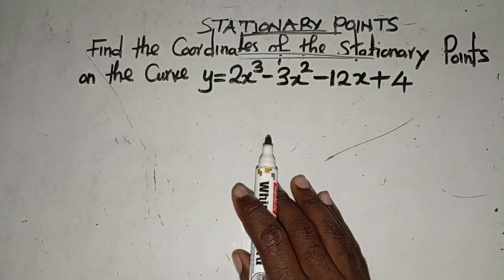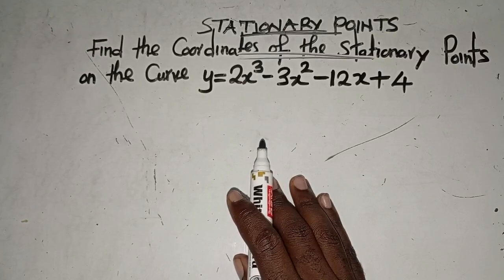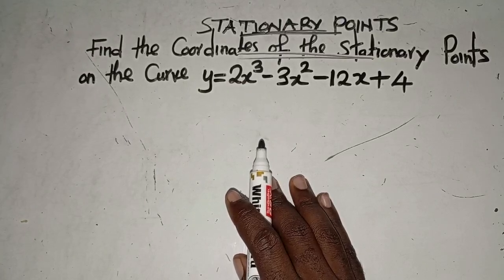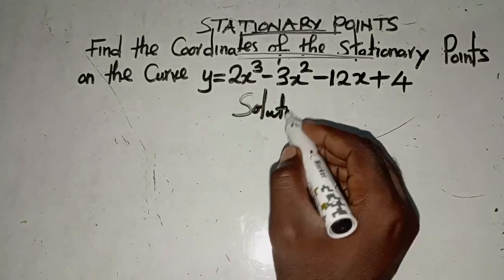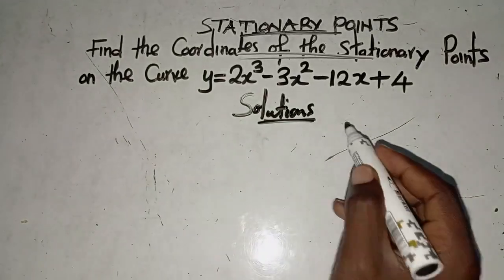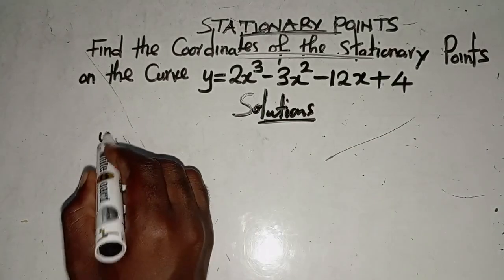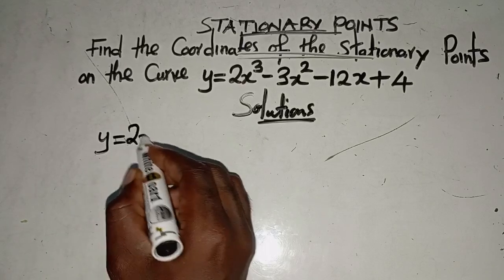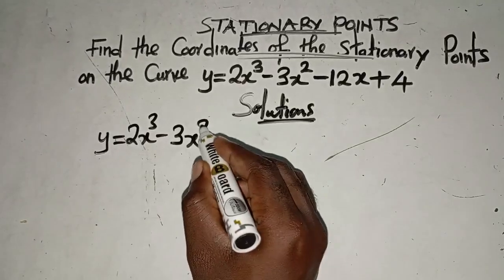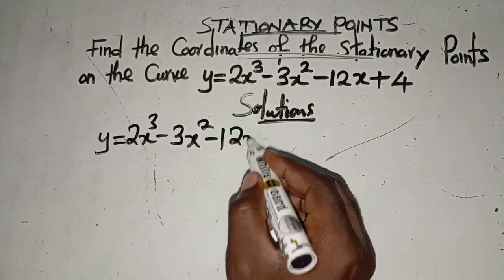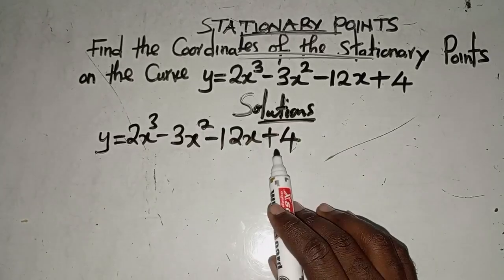How then do you find them? For the solution, you need to get the equation that is given: y is equal to 2x cubed minus 3x squared minus 12x plus 4. This is the curve that is given.